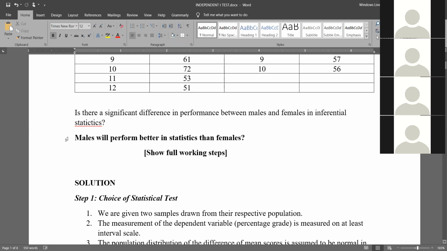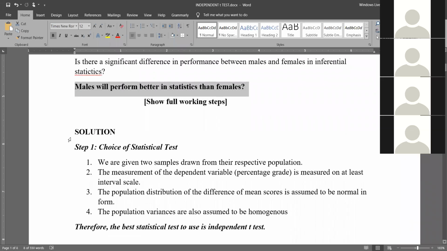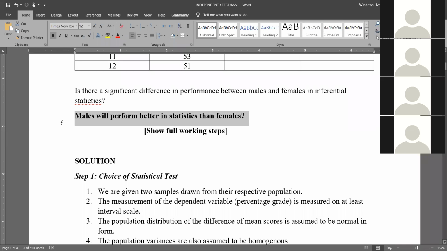So this statement will be for the alternative hypothesis. With the null hypothesis, I indicated that it is the opposite of the alternative. So when you check this statement, its opposite could be what? Males performing worse, right? So that will be for the null hypothesis.